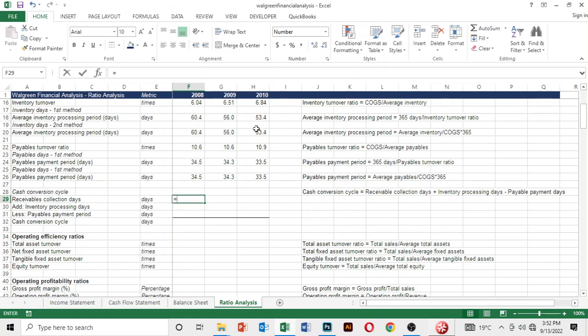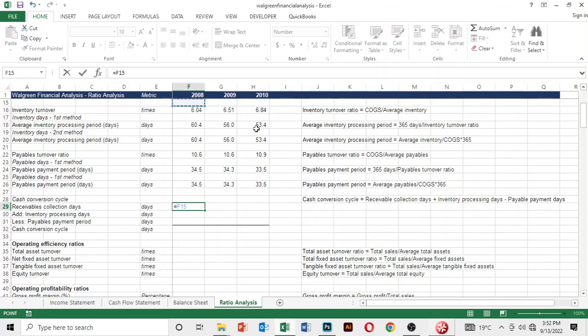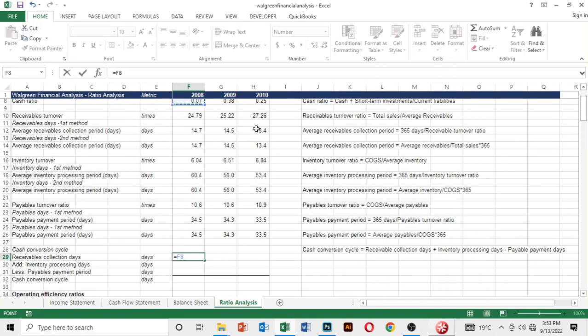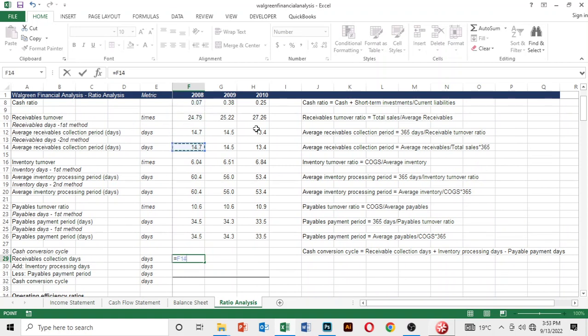So let's link the receivables collection days, and inventory processing days, and let's link the payables payment period.